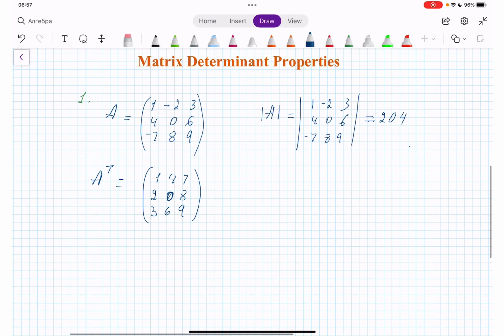Let's find the determinant for that one: 1, 4, 7, 2, 0, 8, 3, 6, 9. If you find the determinant, you will see it is still 204. You can find it on your own and confirm that it doesn't change. It's the same.